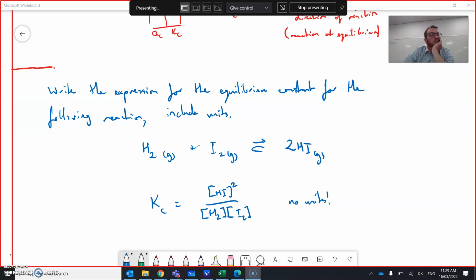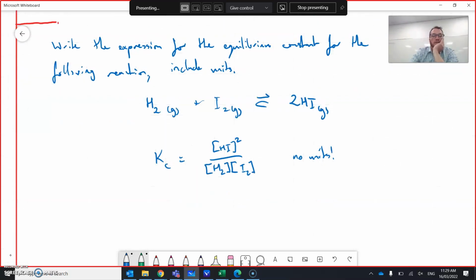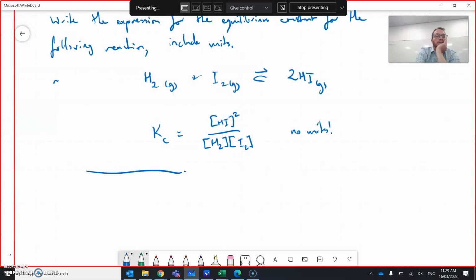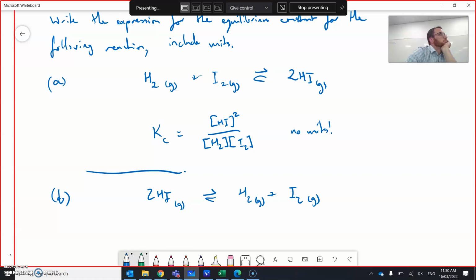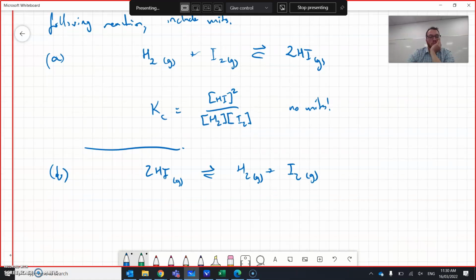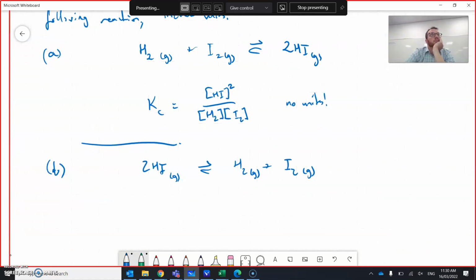Exactly right. So write the equilibrium expression for the following reaction. Should be easy.